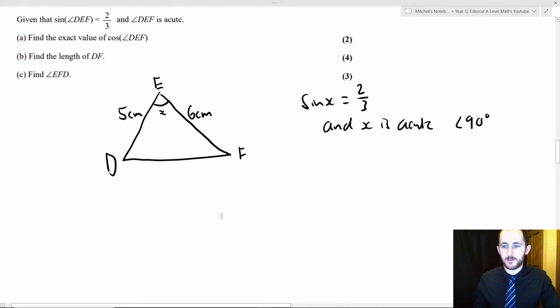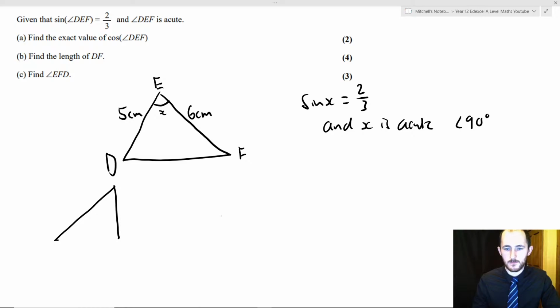If we come up with a triangle for sine x, we're going to make a right angle triangle out of what this angle is here. Now, if you remember from your SOHCAHTOA, sine theta is equal to opposite over hypotenuse.